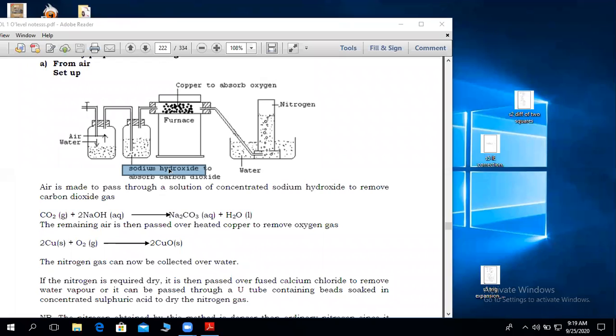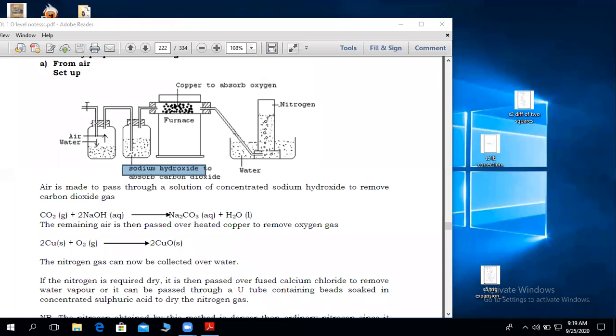We saw when we were looking at carbon dioxide that all those compounds react with carbon dioxide. Now, from there, we pass our gas through heated copper. This is a furnace and it contains copper. What is the role of copper? The role of copper is to absorb oxygen or to remove oxygen.